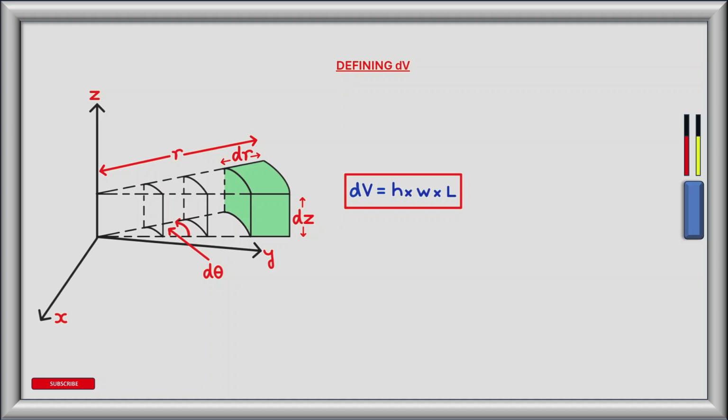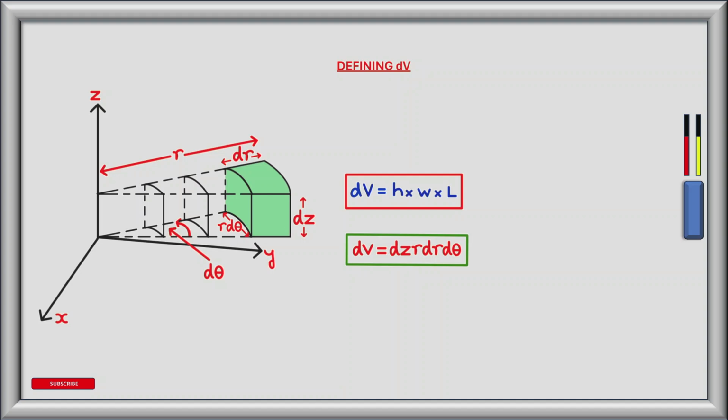Now the arc length of a circle is given by the radius multiplied by the central angle theta. In this case, theta is infinitesimally small, represented by d theta. If we now put all these infinitesimally small dimensions together, we see that the volume dV is given by dz r dr d theta, and we sum all these pieces of volume using our triple integrals to get the total volume.